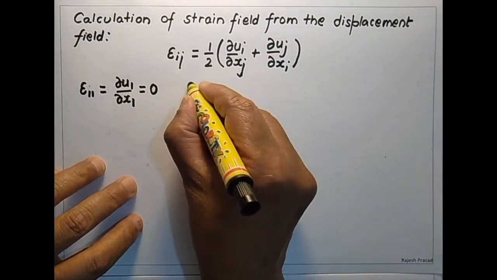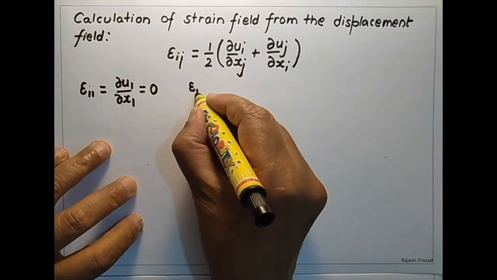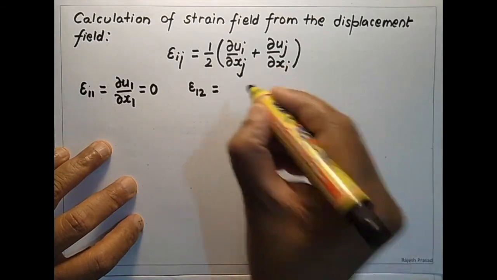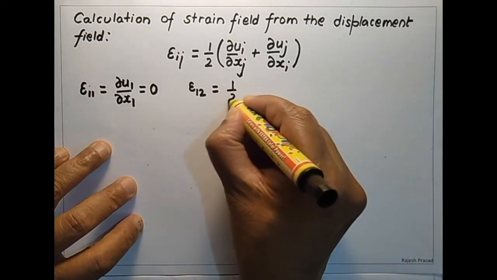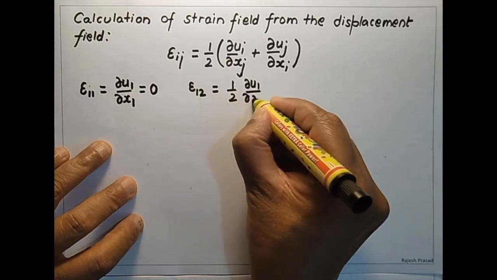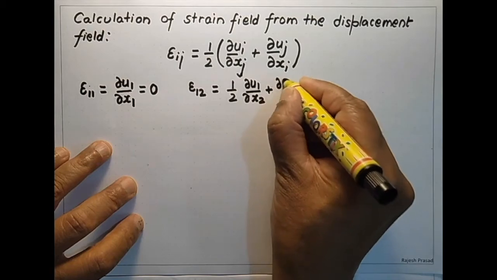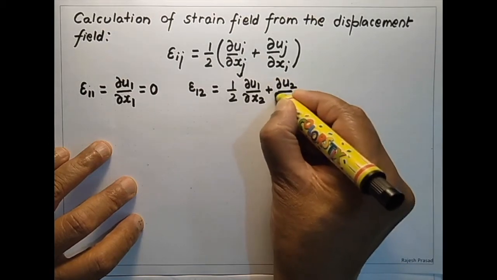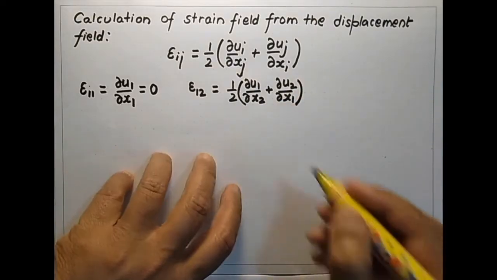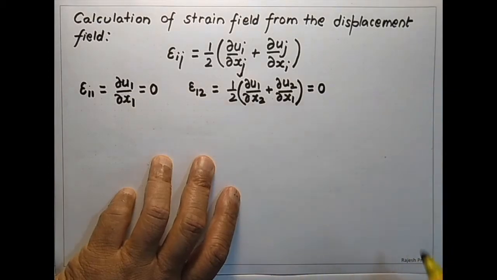Similarly, epsilon 12 is half of del u1 by del x2 plus del u2 by del x1, but both u1 and u2 are 0, so this is again 0.